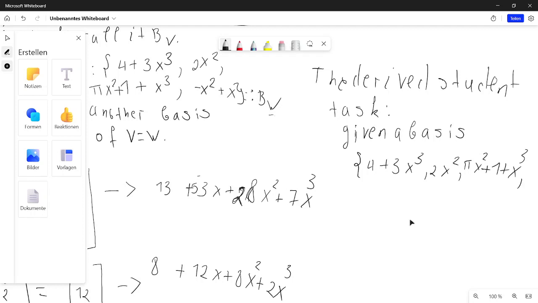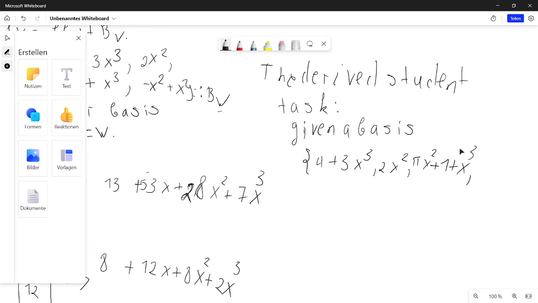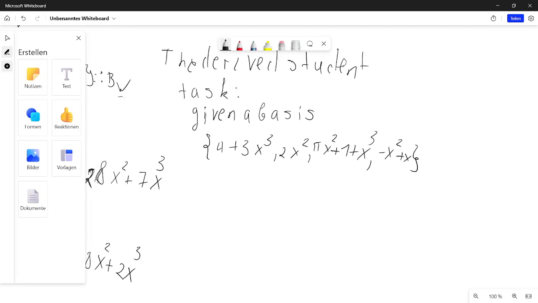Okay, given a basis, we find an element of V. This is just the definition, right?